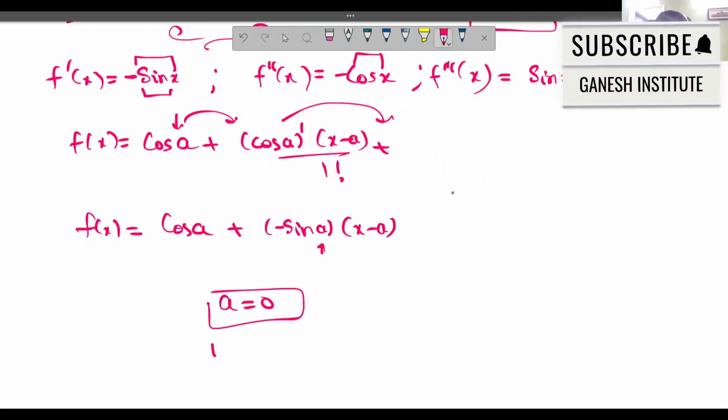So cos 0 is 1. Wait, I have to refer to the table. Yes, cos 0 is 1. Sin 0 is 0, and minus sine 0 is 0.